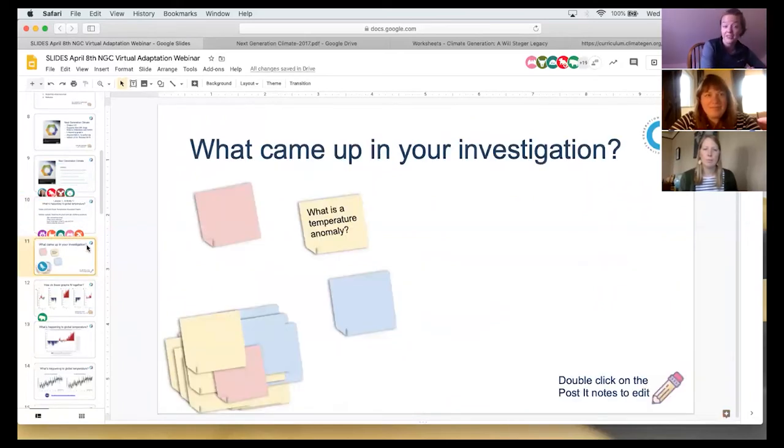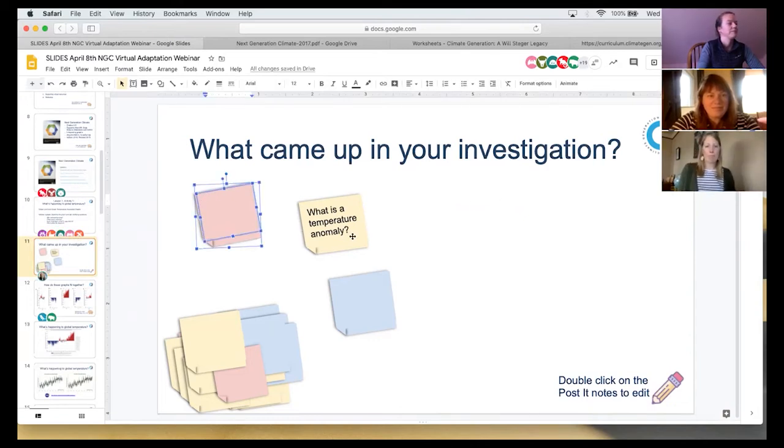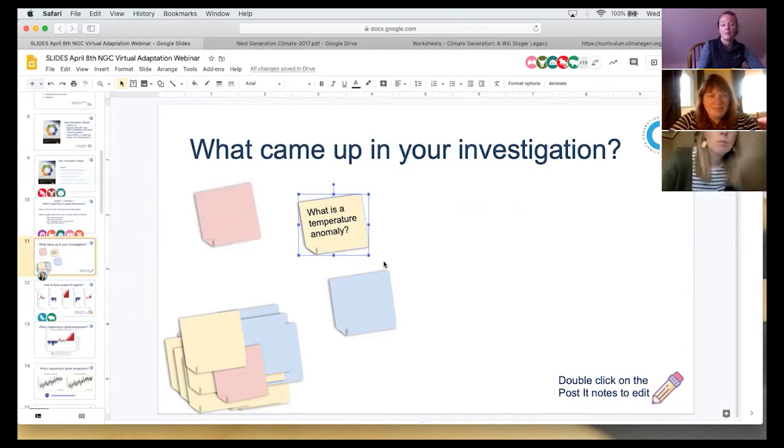If you come up with things, you can put them into the Post-it notes on the next slide. That's called What Came Up in Your Investigation. So someone might have asked, what's the temperature anomaly?